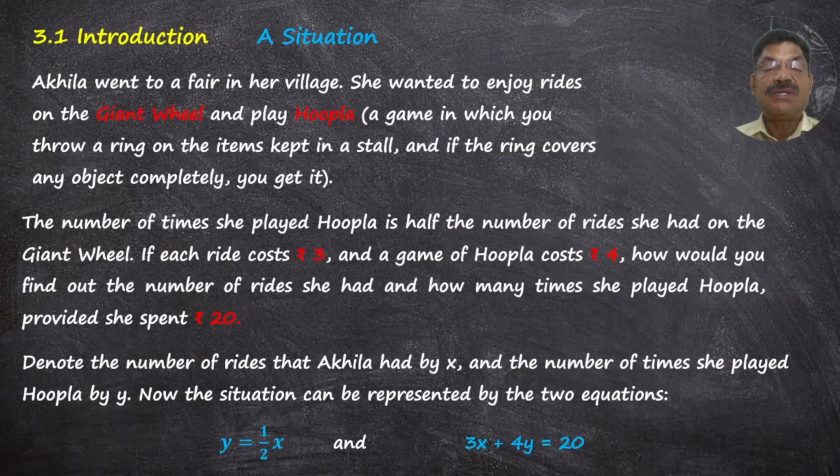Therefore, y is equal to half x. Now giant wheel costs rupees 3 while hoopla costs rupees 4. Therefore, 3x plus 4y is equal to 20, the amount she spent. So you get two equations. Both are linear, a pair of linear equations. These equations mathematically represent the situation.